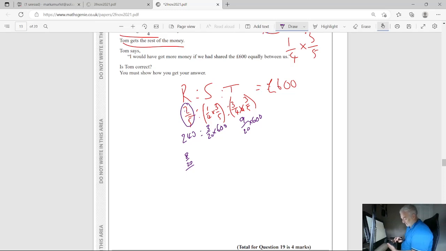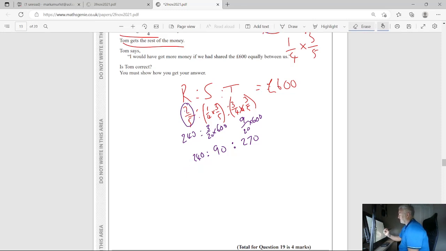So 3/20 multiplied by 600 gives me 90. And 9/20 multiplied by 600 gives me 270.